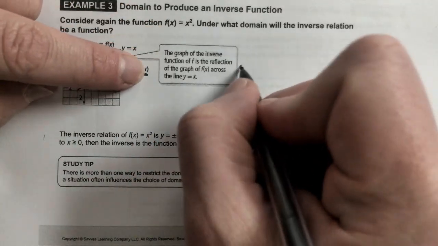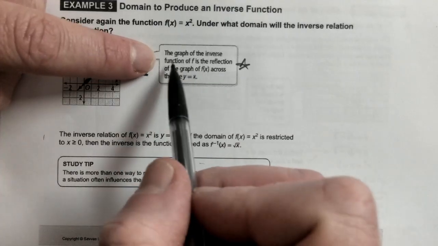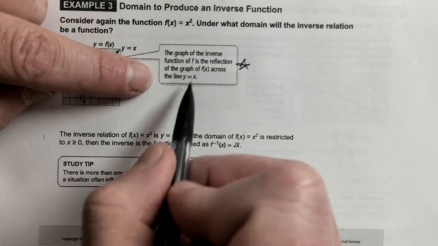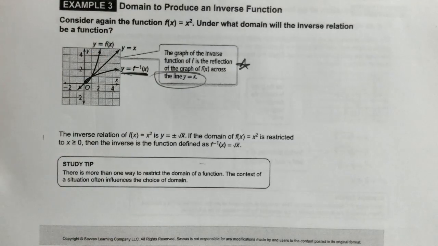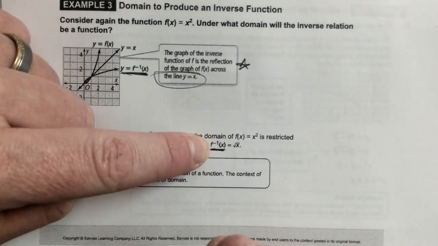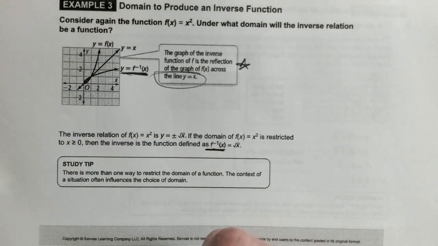And right here in this box it says the graph of the inverse function of f is the reflection of the graph of f of x across the line y equals x, just like you said. But I'm more excited about this right here. F inverse of x.